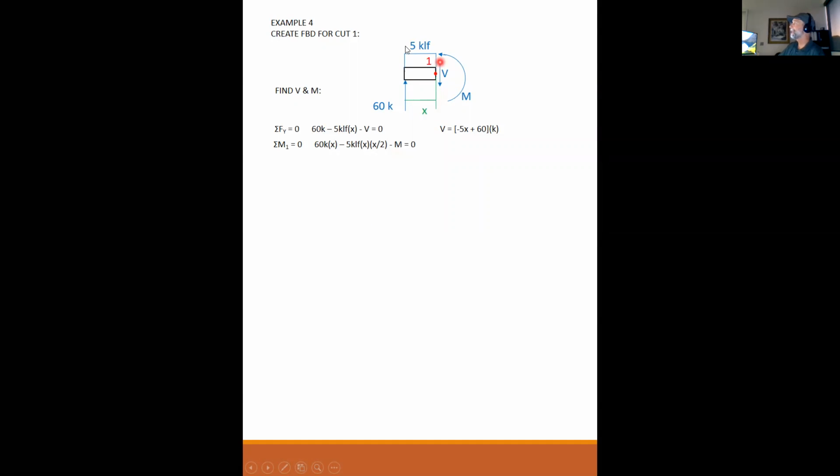Okay, so everybody catch what I did right here? The 5 times X is the resultant located at X over 2 from the red dot. So 5X times X over 2. Yeah, we got it.